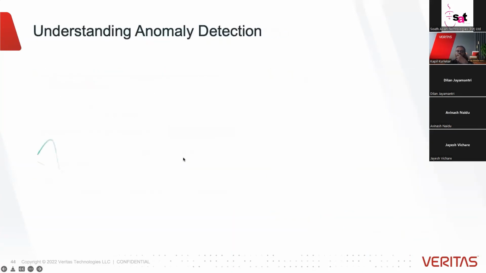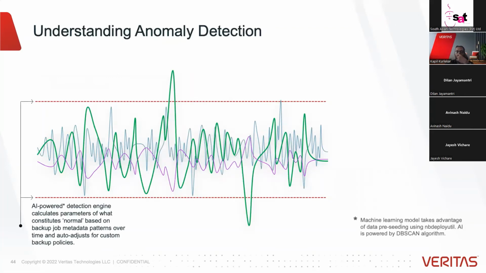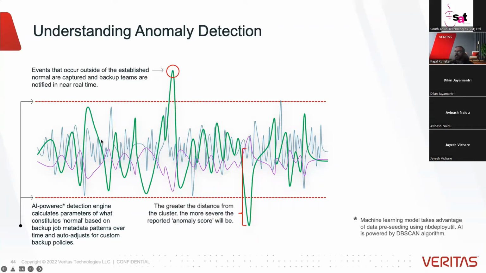Understanding the anomaly detection. This is what an AI powered detection engine calculates. This is the benchmark, right? So let's say that this is the normal backup that you usually run. What the anomaly detection does is that it creates a benchmark.